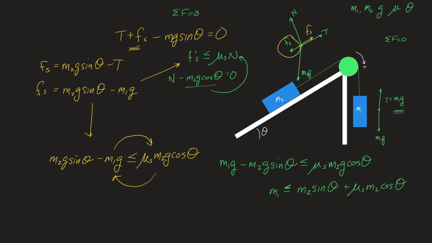And I have a reason. So I'll get m1g is greater than or equal to m2g sine theta minus mu s m2g cosine theta. And get rid of all the g's still, right?